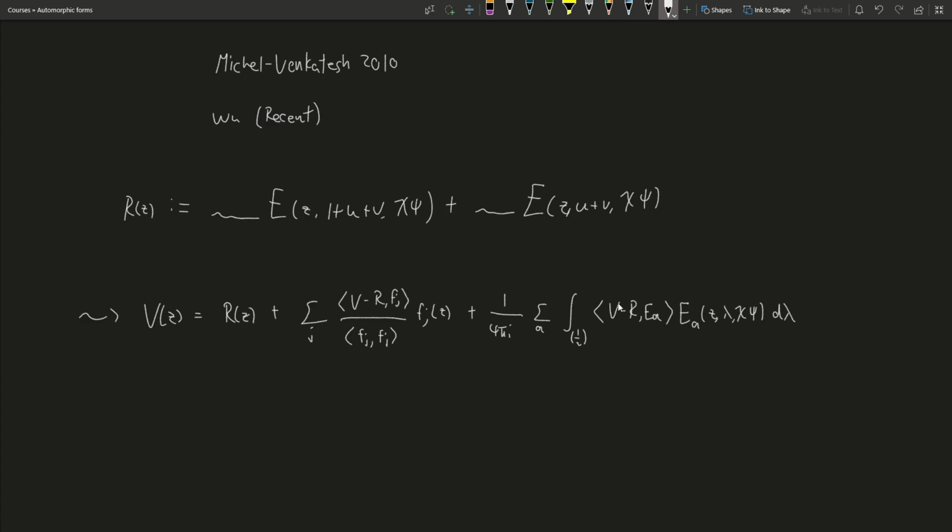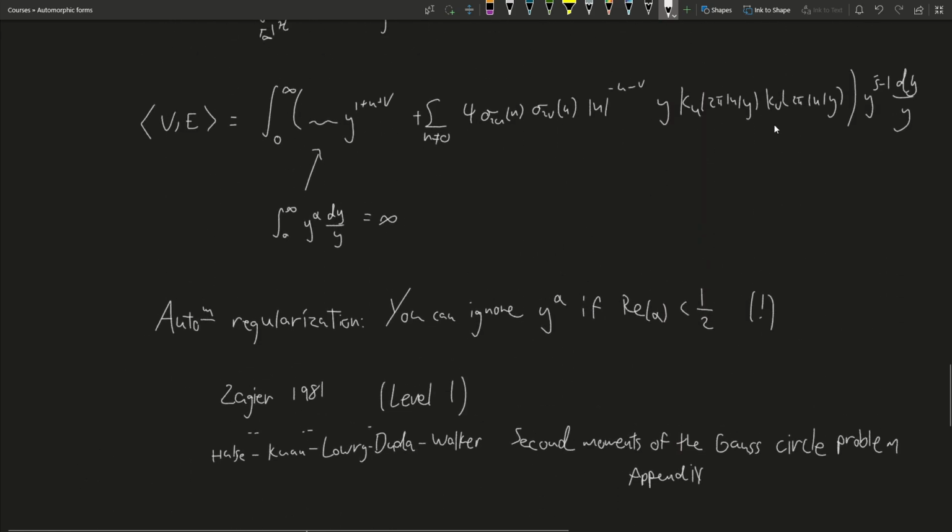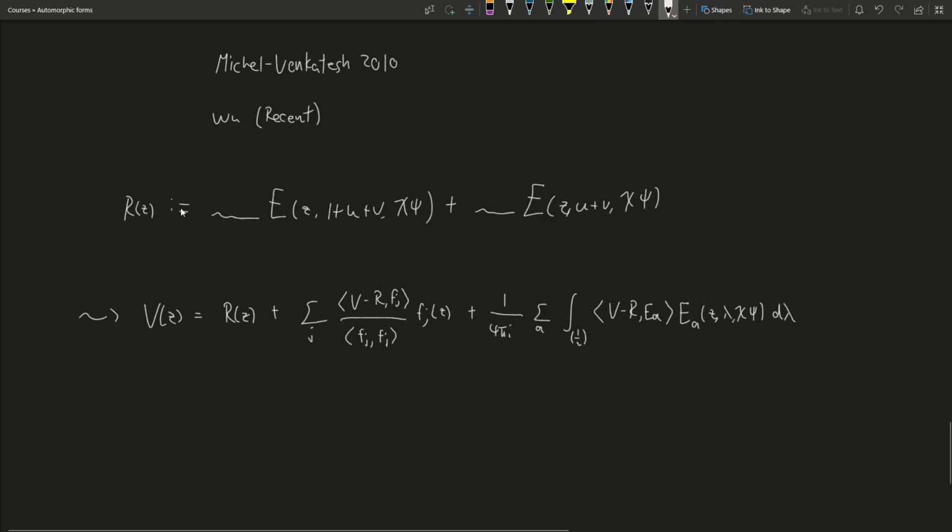And this inner product, now we really can evaluate it using this principle of automorphic regularization, that when we unfold, all the powers of y that have real part of the exponent less than 1/2, we can just simply ignore. And we've chosen our regularizing function so that there are no powers of y which are greater than that.